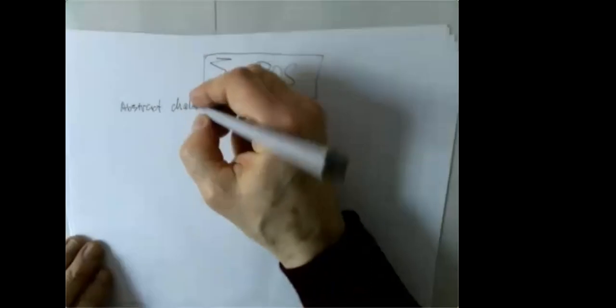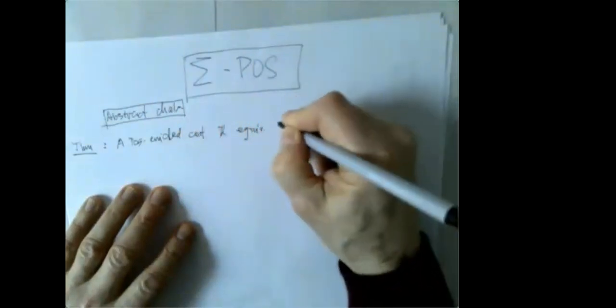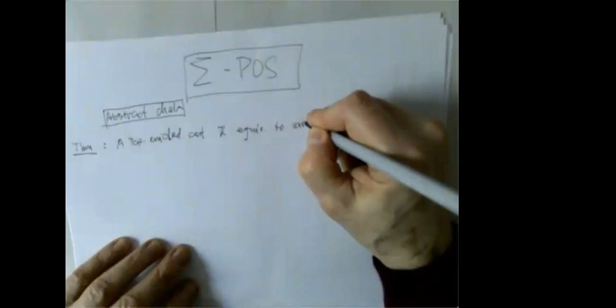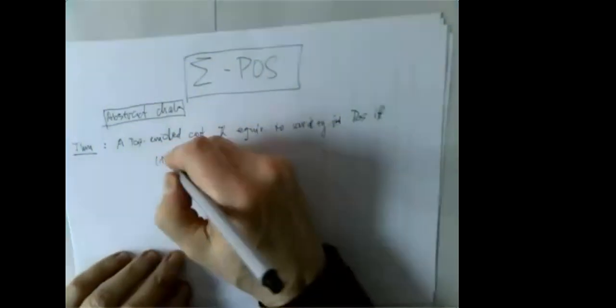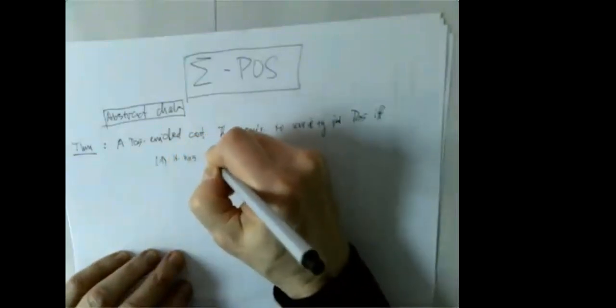So what is my claim? My claim is that a poset-enriched category, and this is again a joint result in my work with Jiří Rosický, is equivalent to a variety, and now I mean the classical variety, if and only if, first of all, it has reflective coinserters.